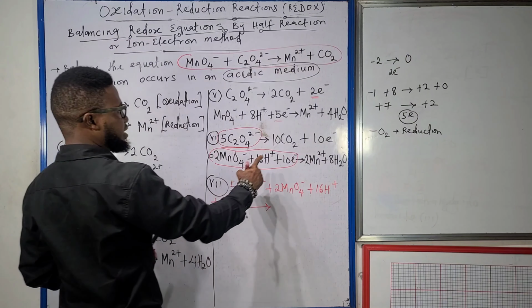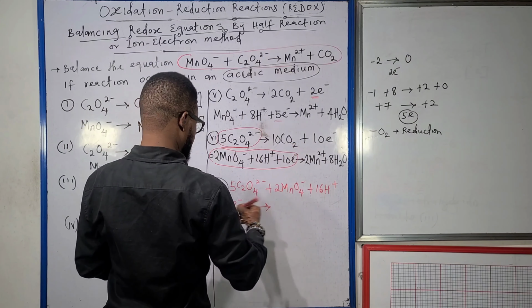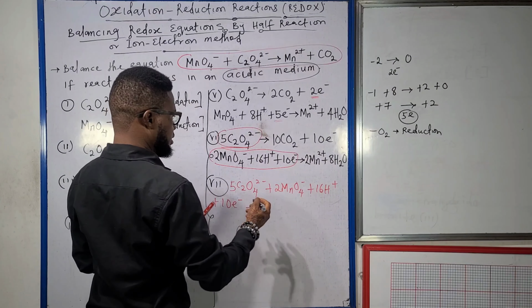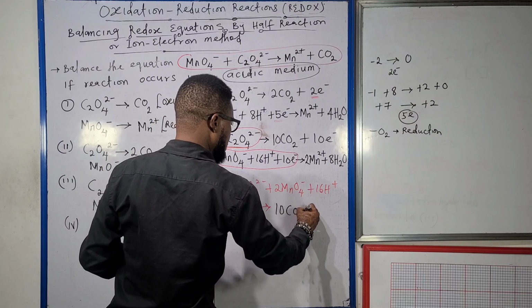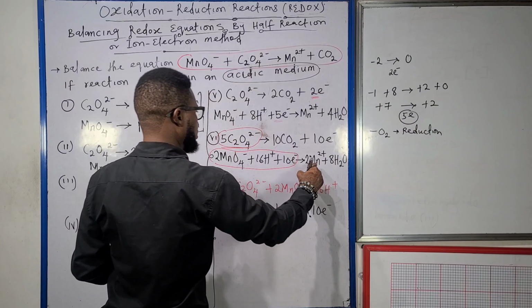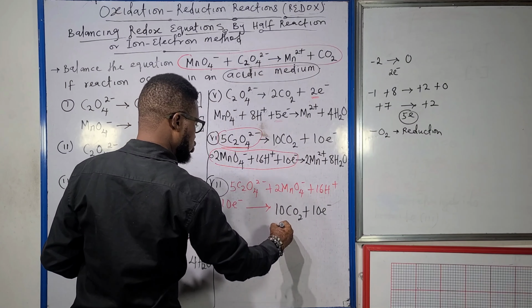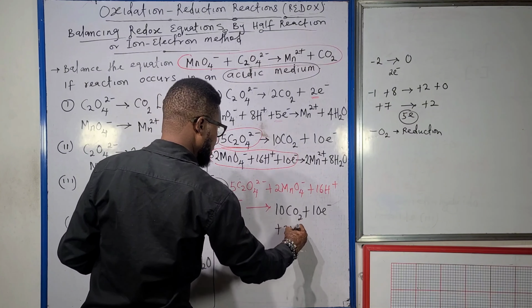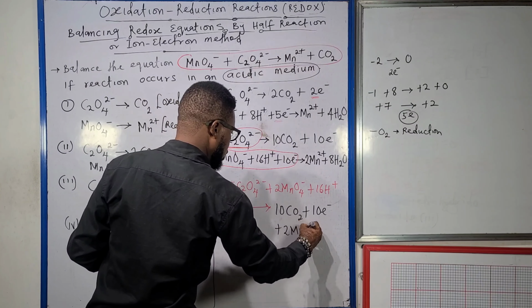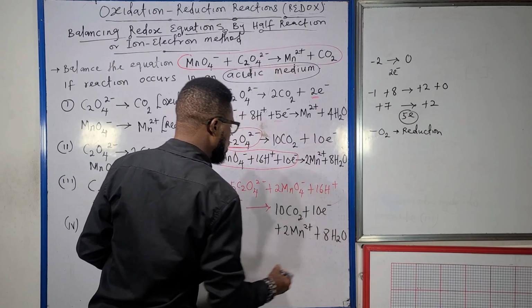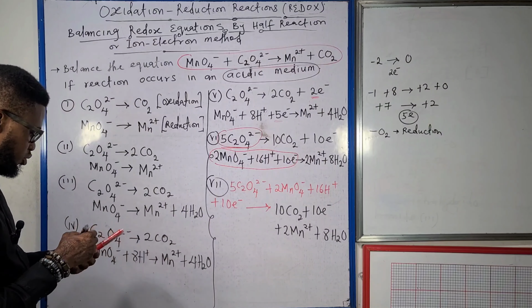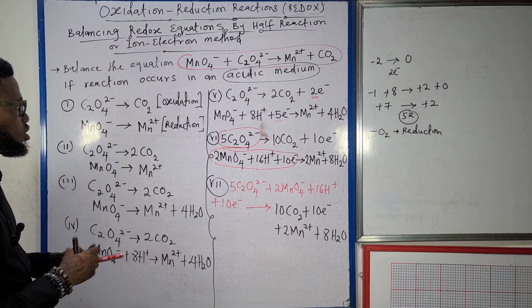The product here is 10CO2 plus 10 electrons to give us 2Mn2 plus plus 8H2O. So whatever is the same on both sides is what we are going to strike out.